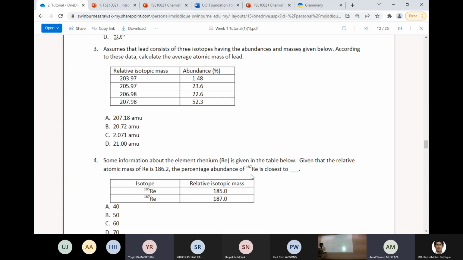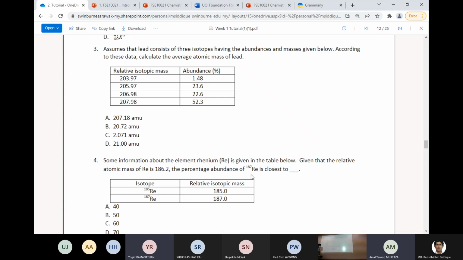The relative atomic mass of radium is 186.2. Now the question is asked the inverse way: what is the percentage abundance? The isotope radium-185 has a relative isotopic mass of 185, and radium-187 has 187.0.